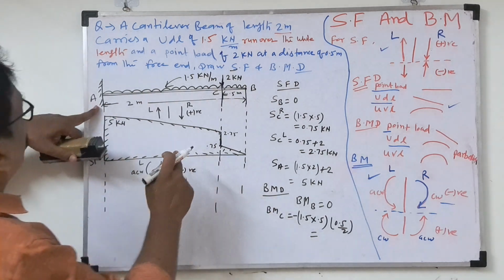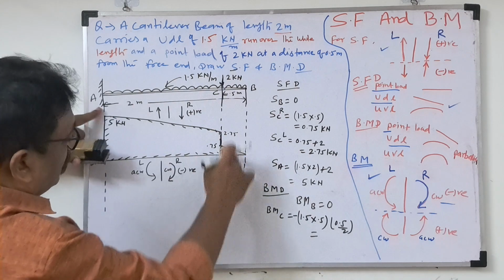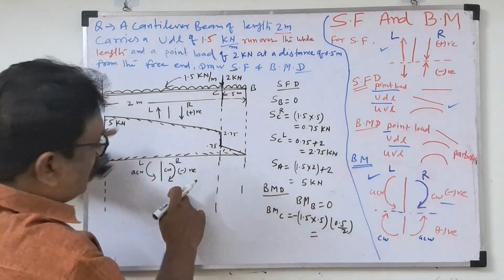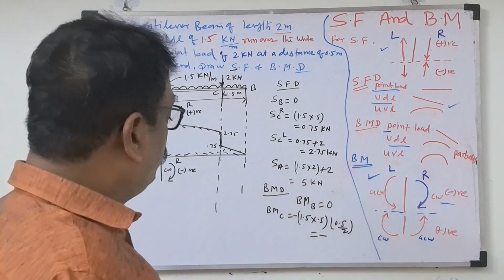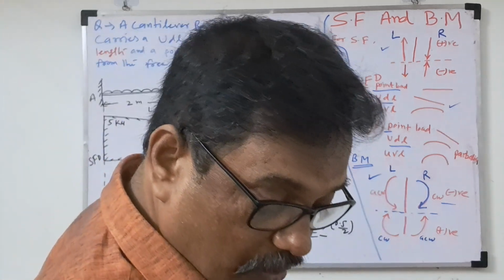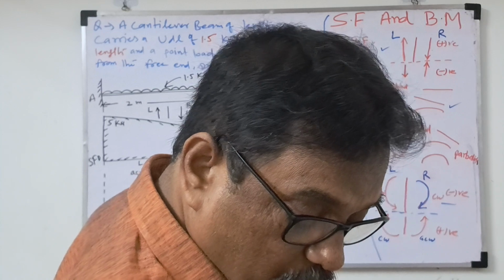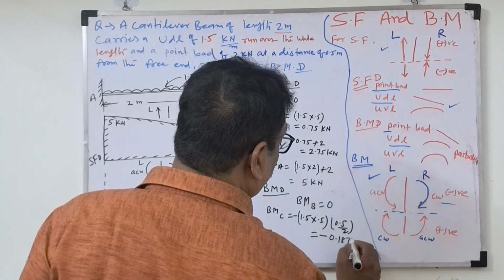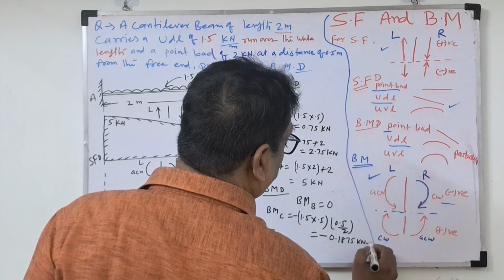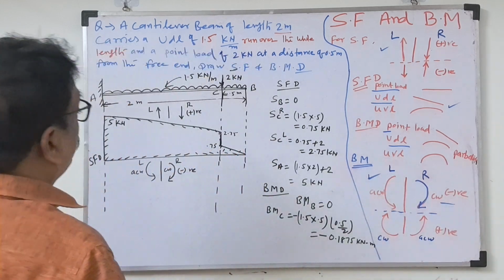We are taking from the right side, moment about this point is clockwise, so this will be negative. The answer will come 1.5 into 0.5 into 0.5 by 2, which is 0.1875 kilonewton meter. This is at point C.